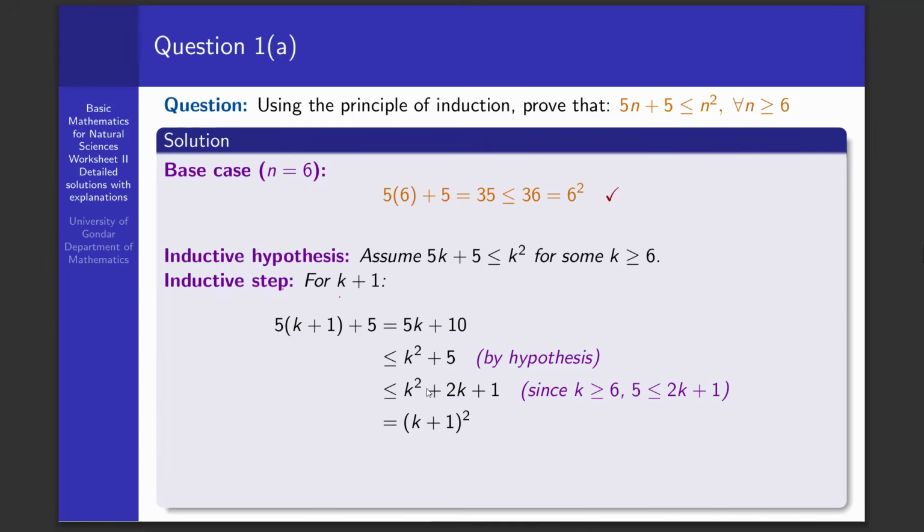Then k square plus twice of k plus 1 is a perfect trinomial, which is the square of k plus 1.